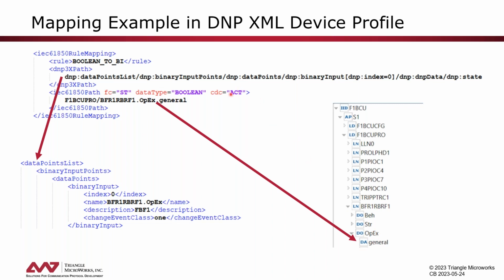We also indicate the common data class, because that's what we are using for the mapping, the data type of this, and the function constraint. With that, we have completely defined the mapping between our 61850 world and the DNP world that we are sending on the other side of the gateway.